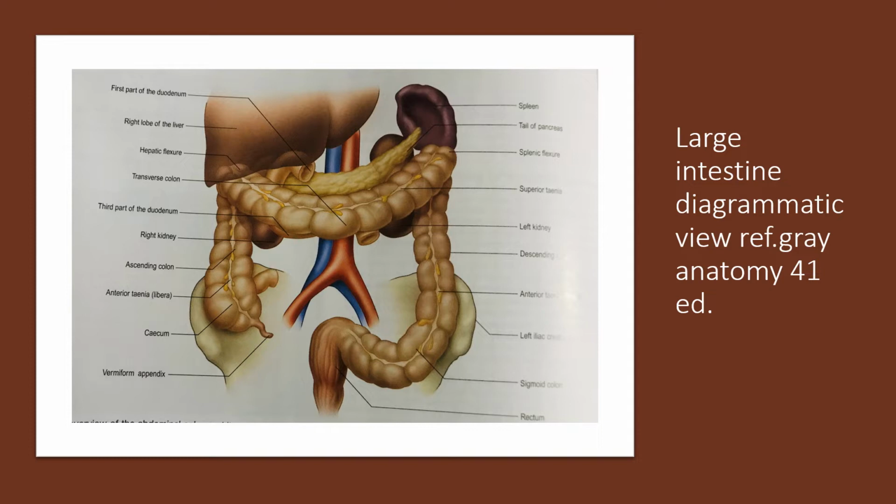Here we can see the ileocecal junction, and we can see the cecal part of large intestine, and further ascending colon and transverse colon and descending colon and sigmoid colon and rectum, and then further anal canal.